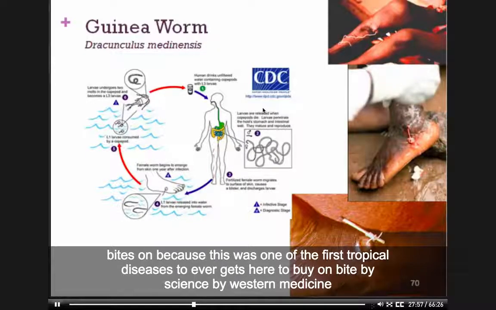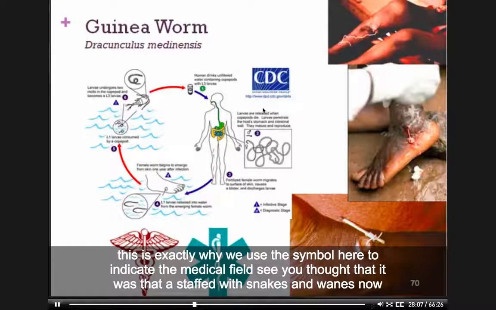But because this was one of the first tropical diseases to ever get cured by science, by Western medicine, this is exactly why we use this symbol here to indicate the medical field. See, you thought that it was a staff with snakes and wings.